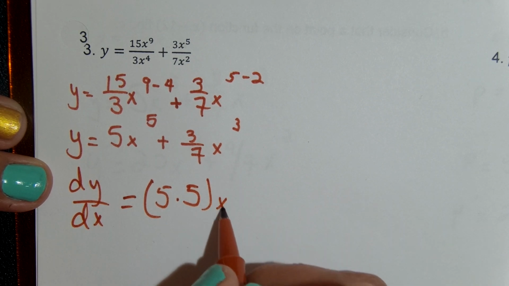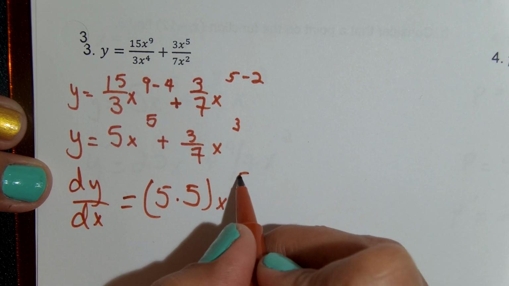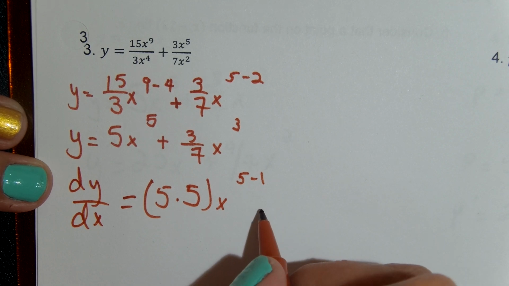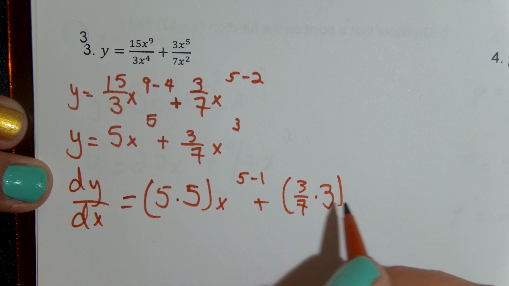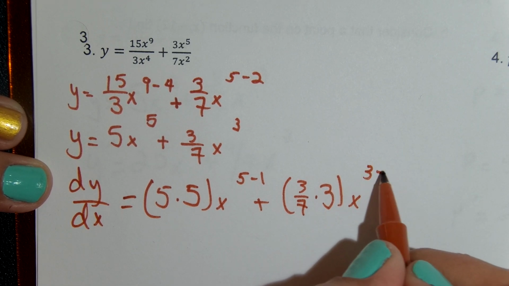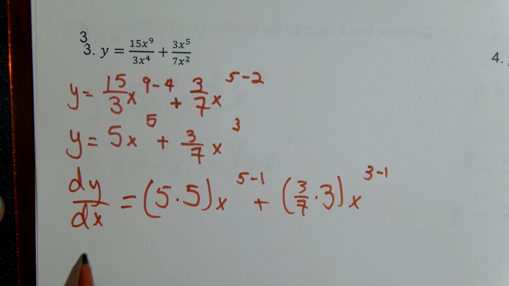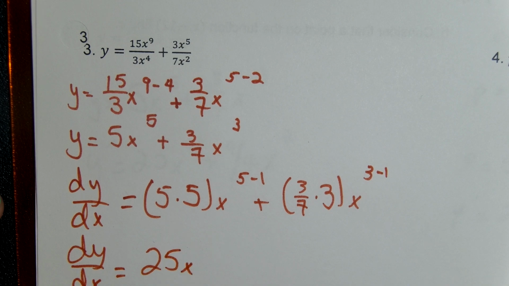Okay, then I put 5 times 5x to the 5 minus 1, plus 3 over 7 times 3x to the 3 minus 1. And then I multiply 25x to the power of 4 plus 9 over 7x to the power of 2.